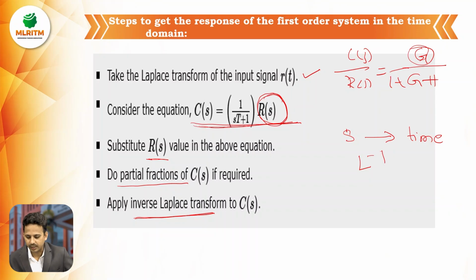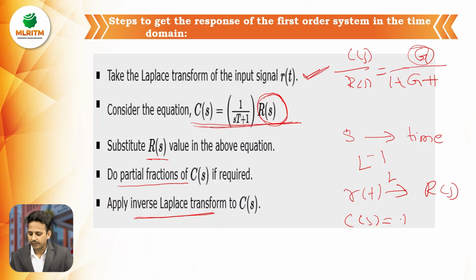So the steps to get the response of a first order system in time domain analysis: first, take the Laplace transform of the input signal, that is r of t is converted into R of s. This is the first step. Second, we make the given block diagram into a standard equation, that is the output equation C of s is equal to R of s into the given transfer function.